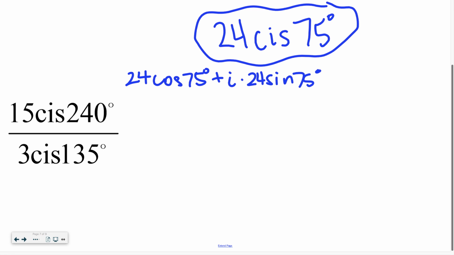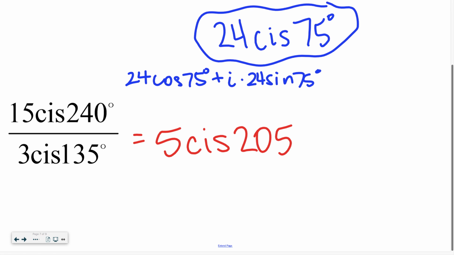Divide. Okay. So we divide 15 by 3. Good. And what do we do with our angles? We subtract them. So we have 5 cis, what's 240 minus 135? 105. No, 105.